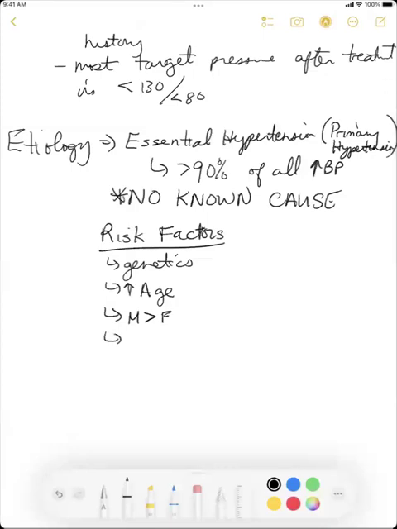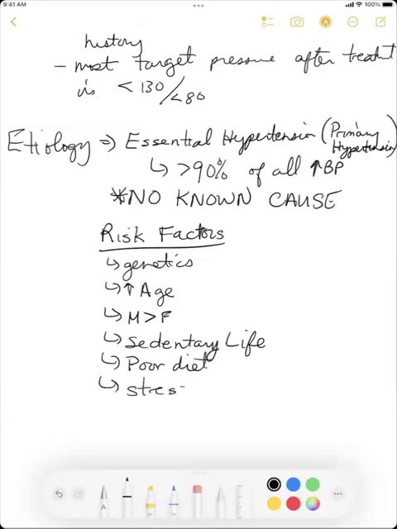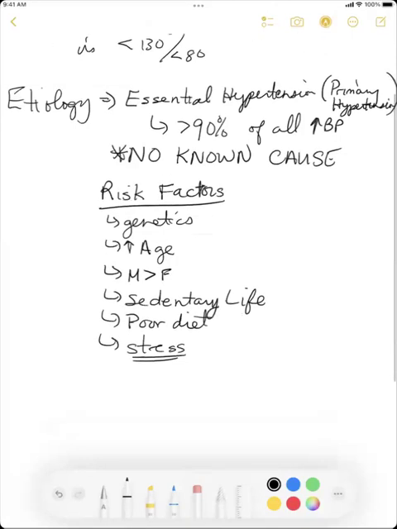People who have sedentary lifestyles or sedentary work are more likely. Poor diet, high stress in one's life, and a risk factor for pretty much every condition, we've talked about it every single time, smoking.